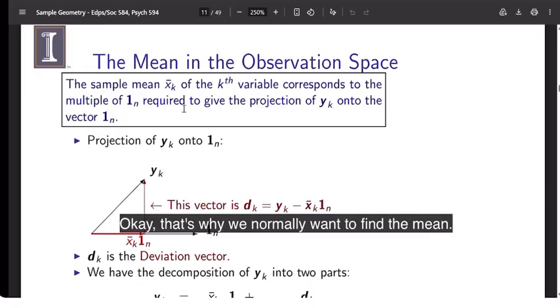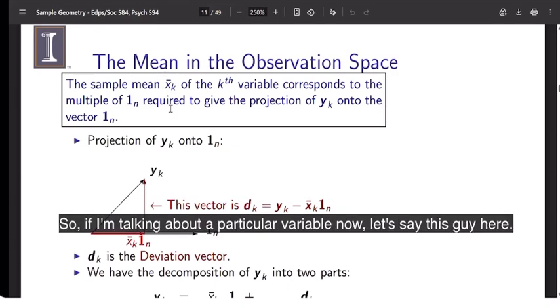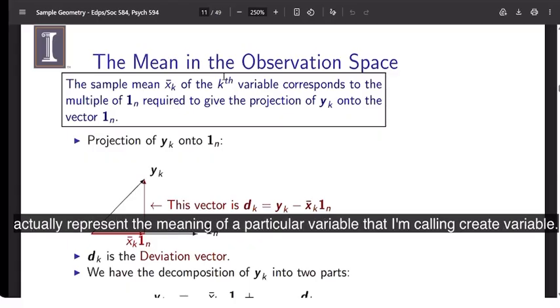If I'm talking about a particular variable, let's say this represents the mean of a particular variable that I'm calling the k variable. Of course, I walked it through on Wednesday.